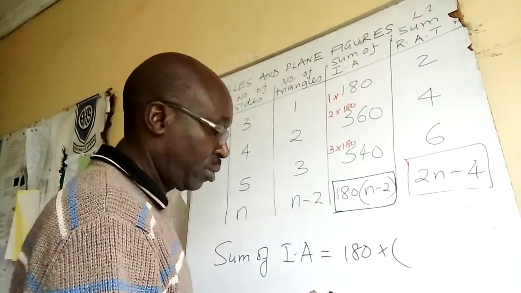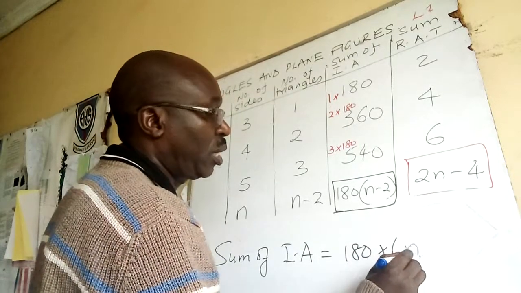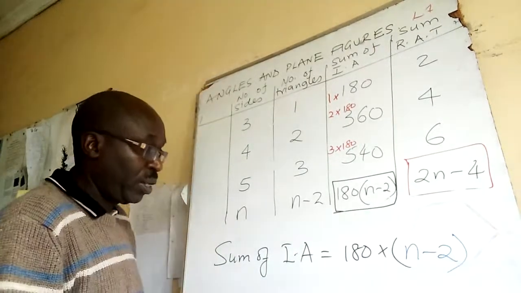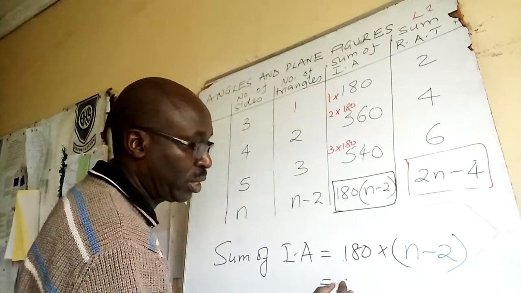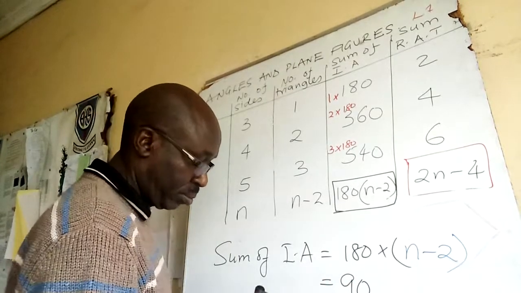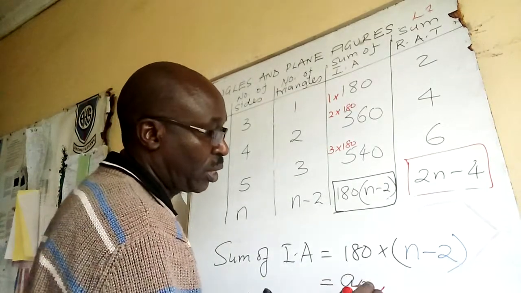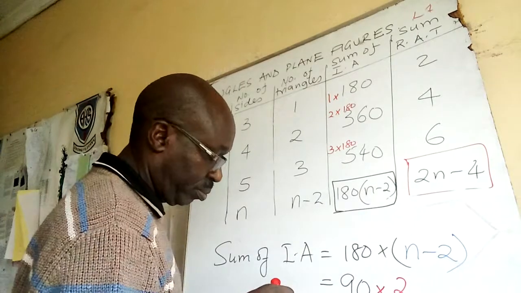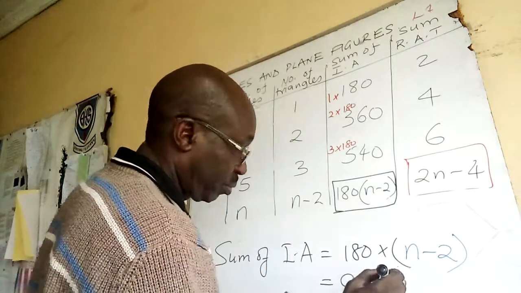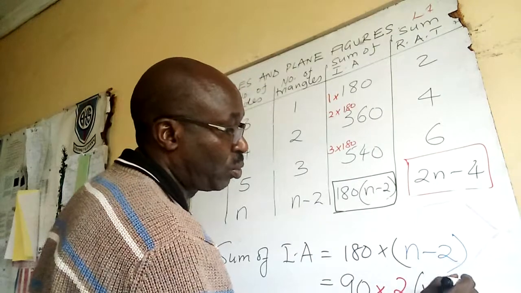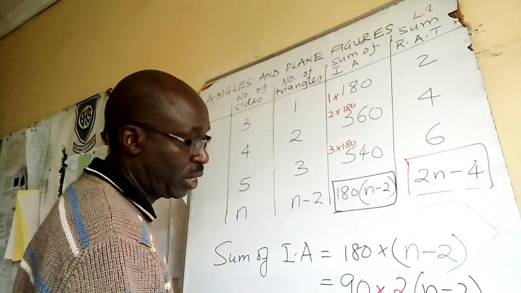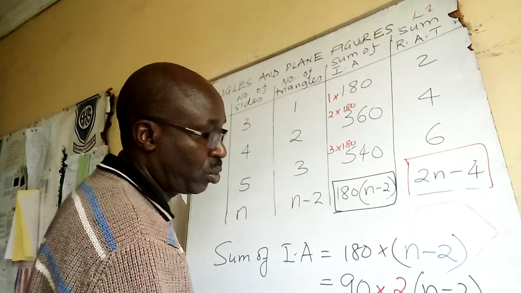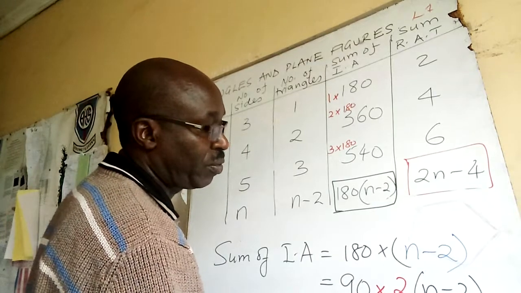So it is 180 times n minus 2. Okay, now this is the same as 90 times 2 into n minus 2. So this is the same as 90 into 2n minus 4 here.